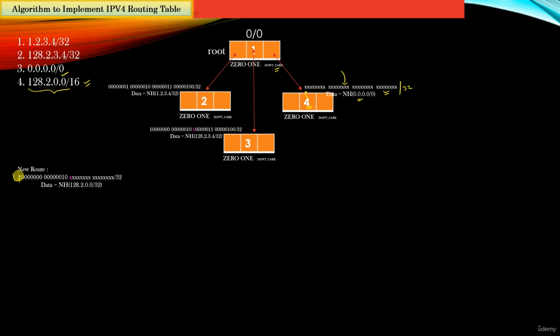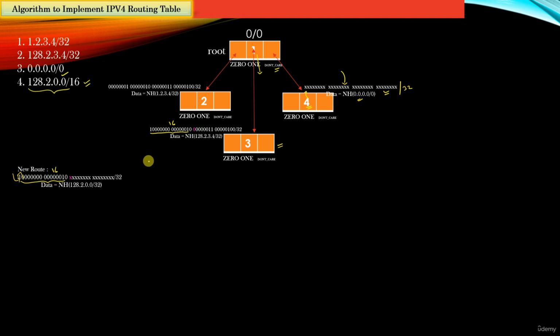The first bit of this new route is 1, so we traverse child number 1 of the parent node. We reach node number 3, and once we descend down the tree, we do the prefix matching. We match the effective prefix of node 3 with the effective prefix of the new route, and we find that the first 16 bits of node 3 match exactly with the first 16 bits of the effective prefix of this new route.